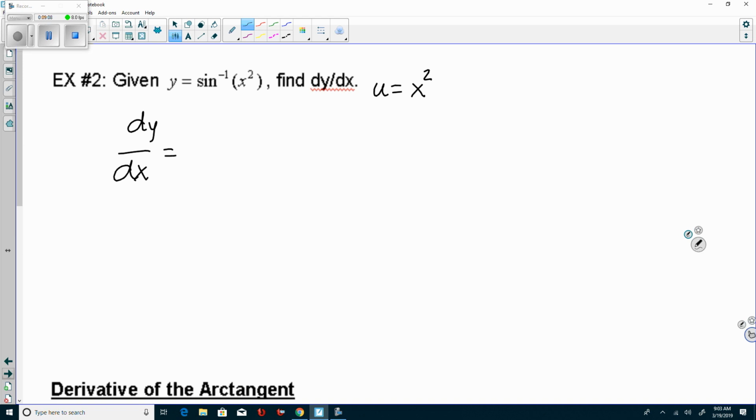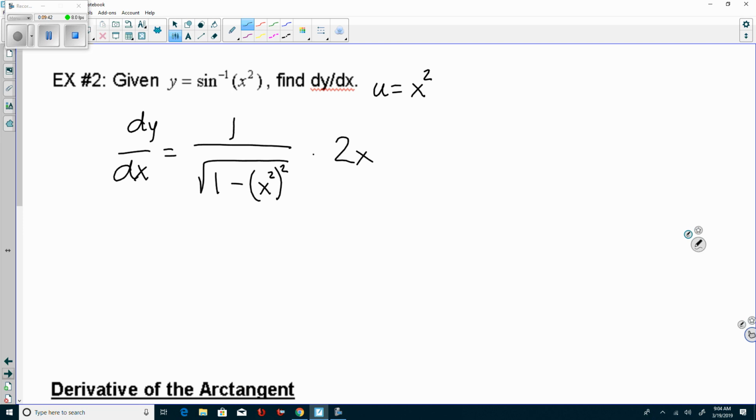These are formulas you're going to have to memorize. So we have 1 over the square root of 1 minus x squared squared, because it's 1 minus u squared, where u is x squared, times the derivative, which is 2x.